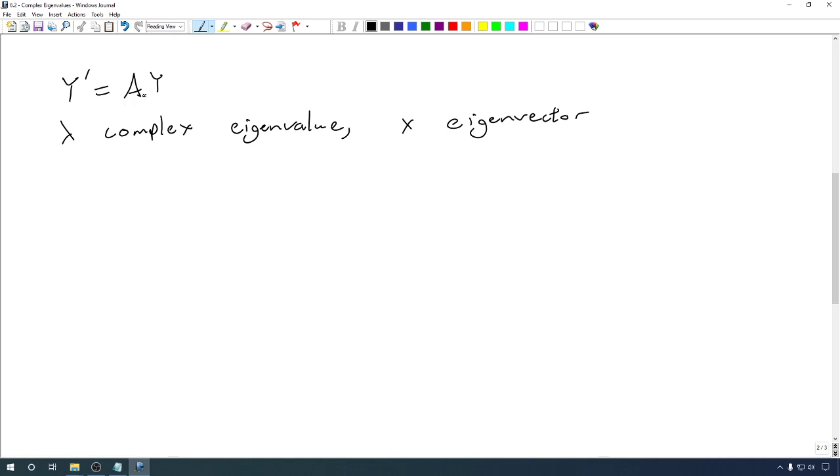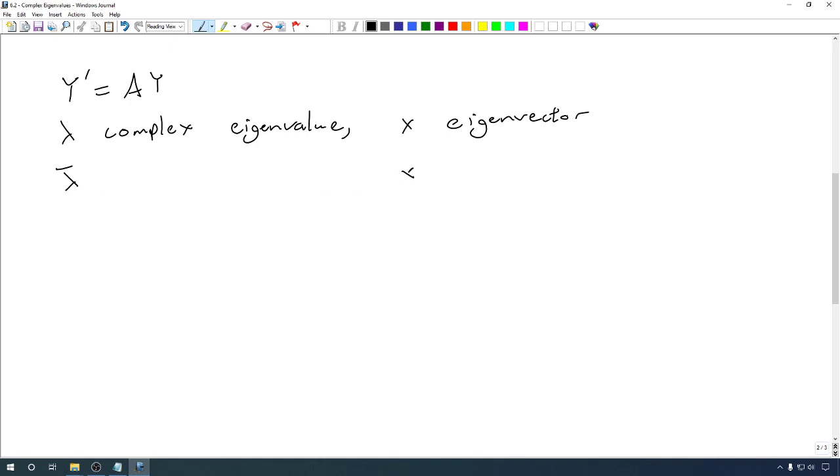Now, none of the problems I'm going to give you are going to have the A here actually be a complex matrix. We're not going to have any of our differential equations written out with complex numbers already in them. So we're going to start with a real situation and then suddenly get complex numbers coming up in that. But because A is going to be a real matrix, that also means that its conjugate, lambda bar, is also an eigenvalue.